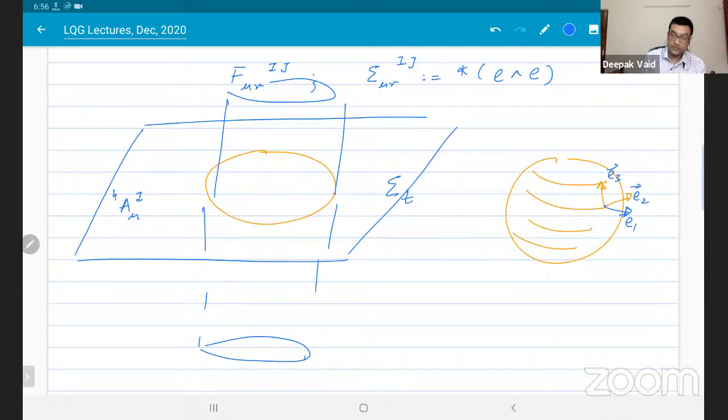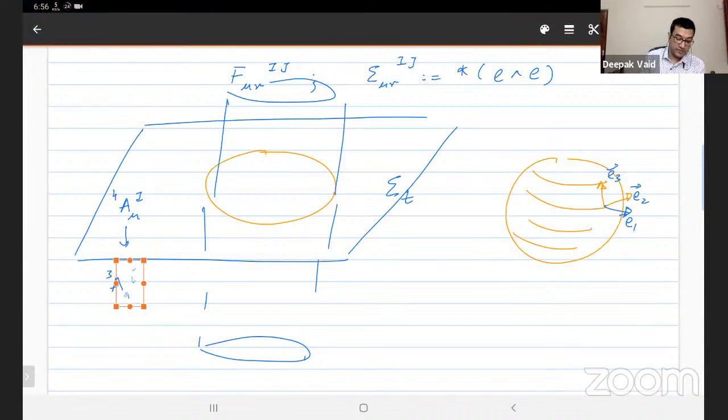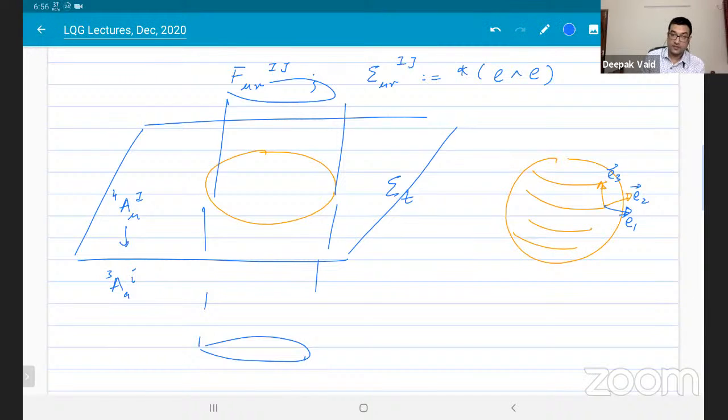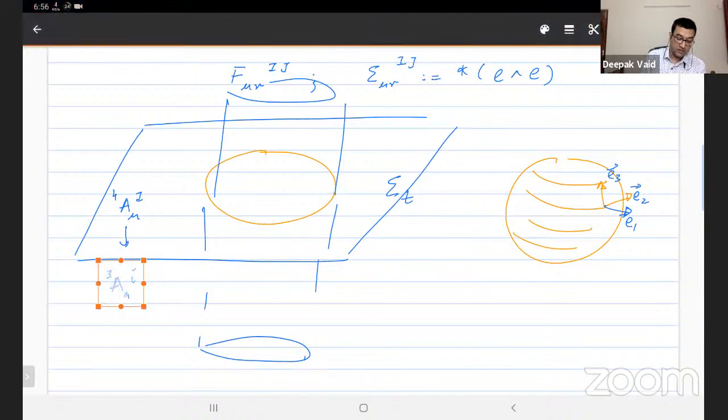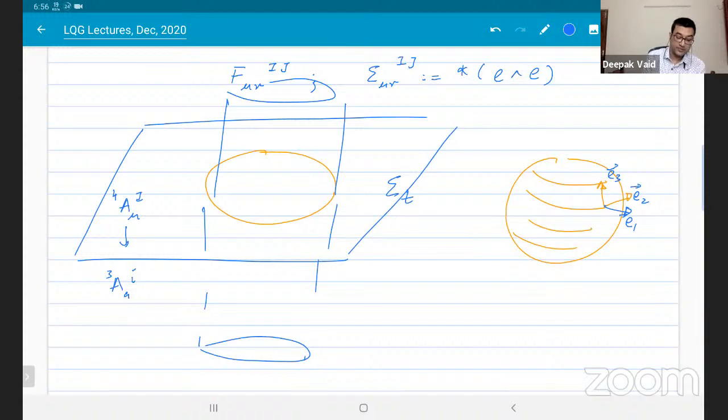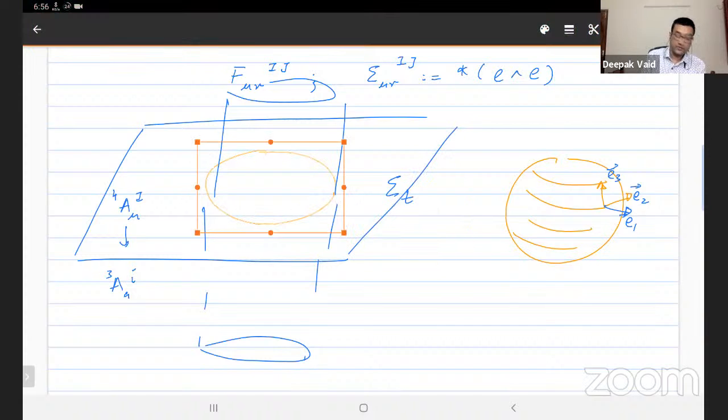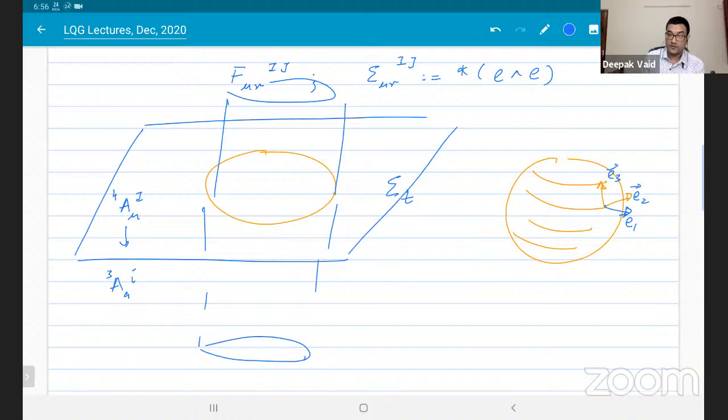When we restrict to the spatial foliation, we get a three-dimensional SU(2) connection or SO(3) connection, depending on your flavor. These are now three-dimensional indices. And then this object can be further restricted to this horizon surface.